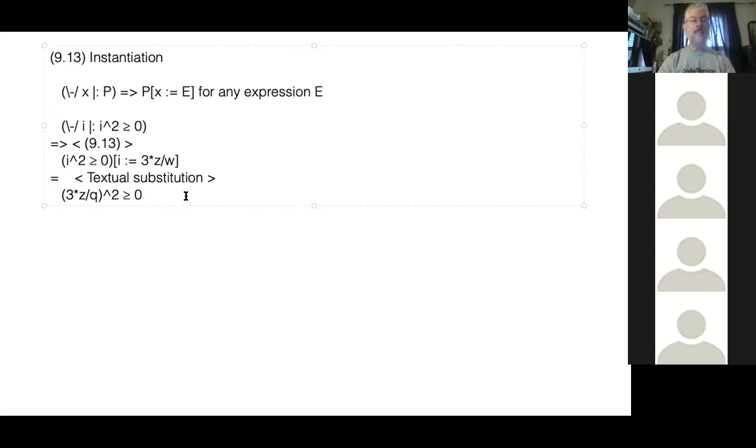But this is just saying if we know this is true for all i, then we know it's true for any particular value. And that's really what instantiation gives us: if we know something's true for everything, then we know it's true for any particular something. If I know every human being has DNA, then I know that Noah has DNA, on the assumption Noah's not an alien.